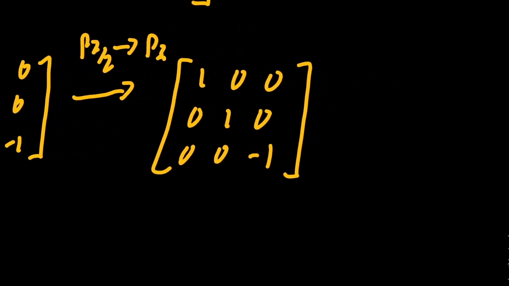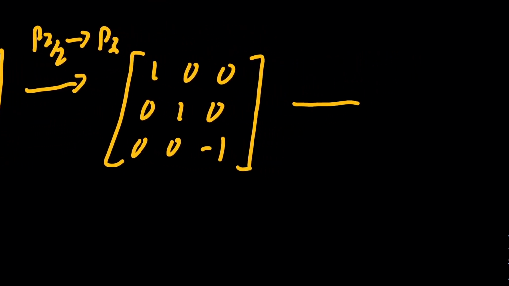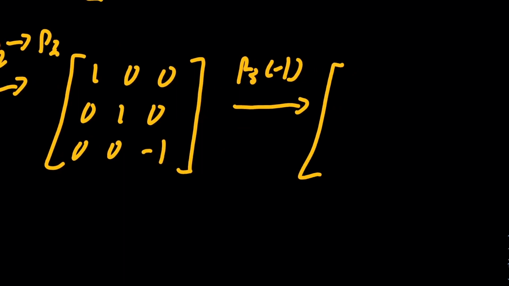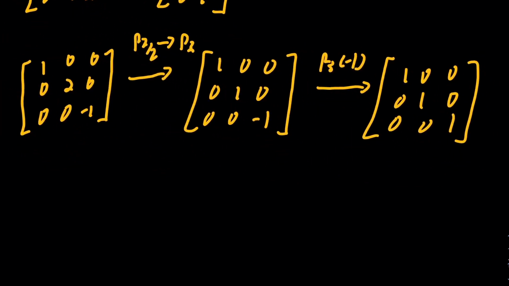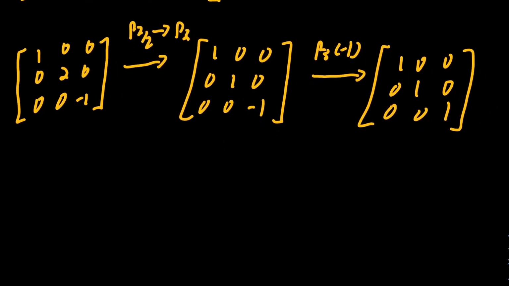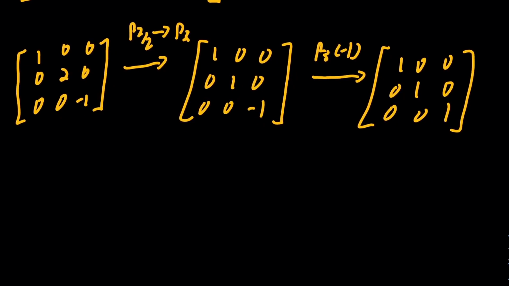And in order to cement the identity matrix, row 3 was multiplied by a non-zero constant, and therefore we have our identity matrix. Yes, although this matrix can be transformed to an identity matrix, it took more than one operation to get there, and therefore the given matrix is not elementary.